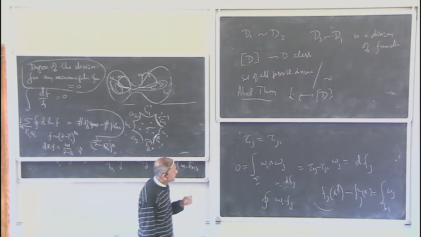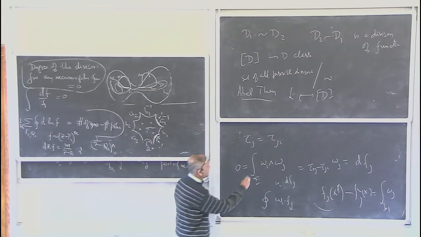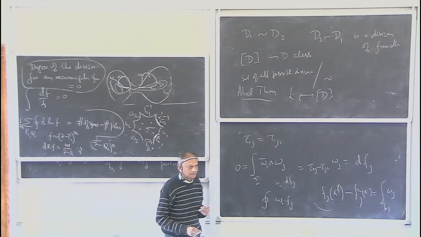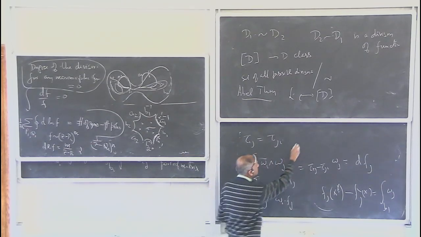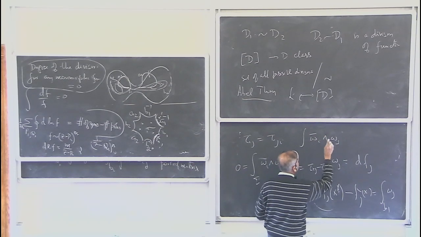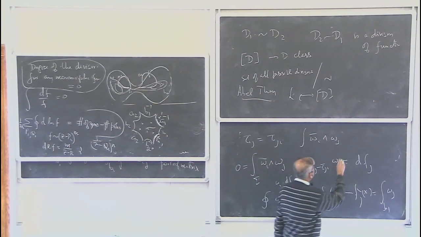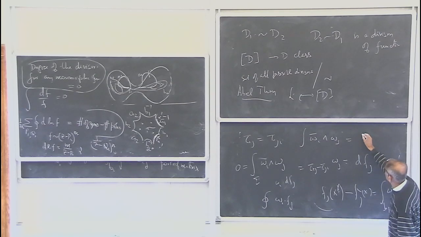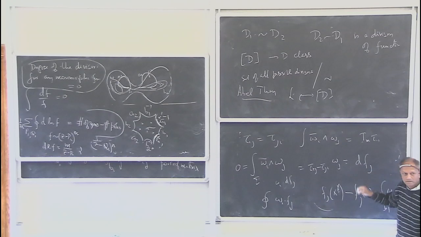Incidentally, the same thing you can do now for the omega bar. Okay, so you can take another integral, omega bar I, omega j, and this you can show will be related to the imaginary part of tau ij.